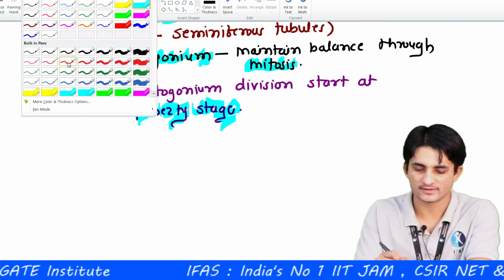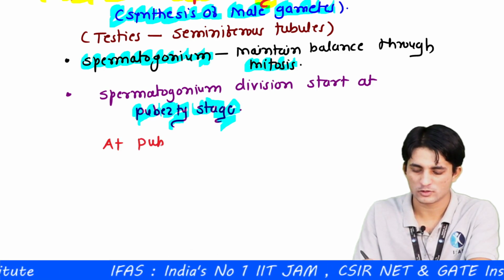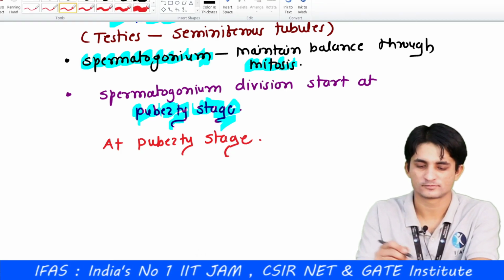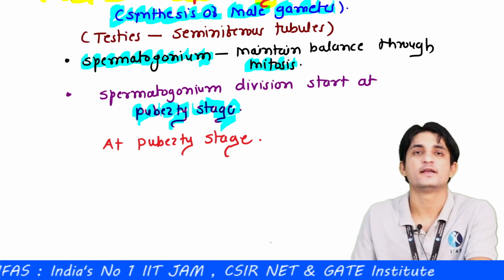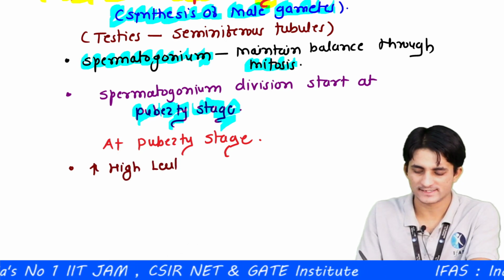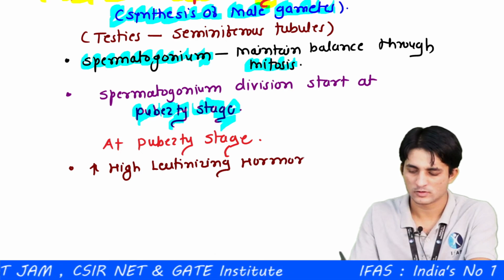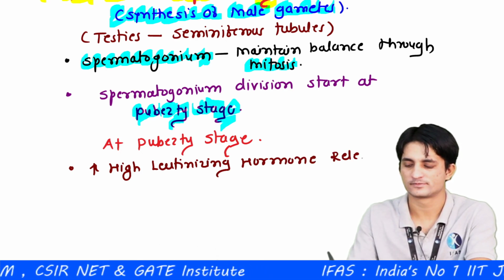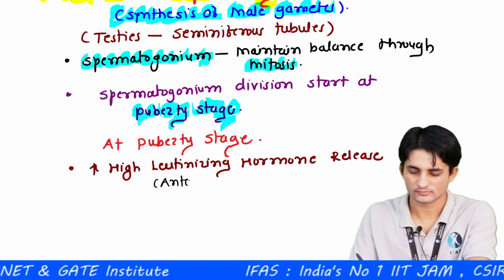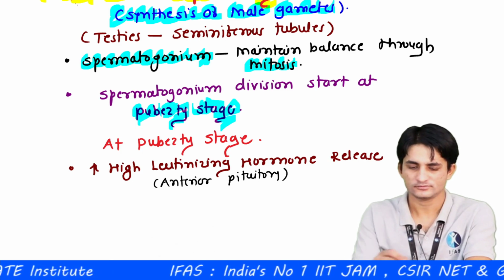So at the puberty stage, there is release of high luteinizing hormone from the anterior pituitary.